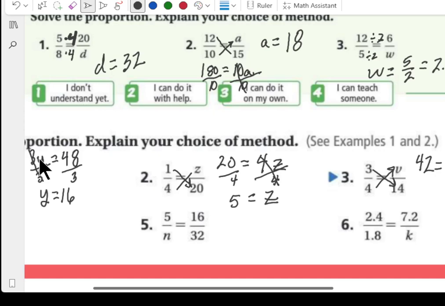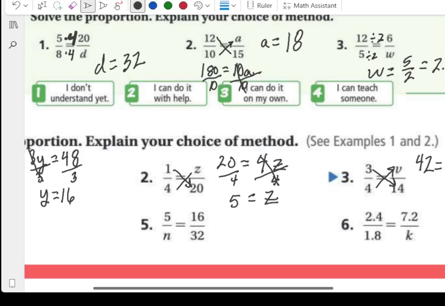What number is in front of the y? 3. Okay, so what am I going to divide by over here? 4, because it is in front of the V. That is called in front of.